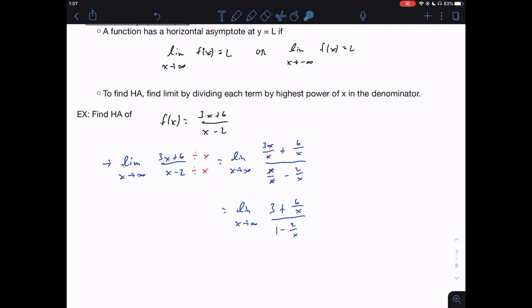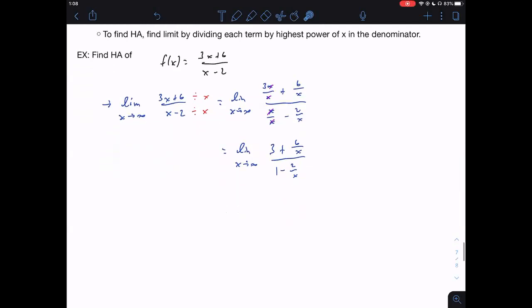So now, using the rules from what we saw in chapter 2, find the limit of each individual term as x goes to infinity. What is the limit of 3 as x goes to infinity? Recall from chapter 2, what's the limit of a constant as x approaches some number?